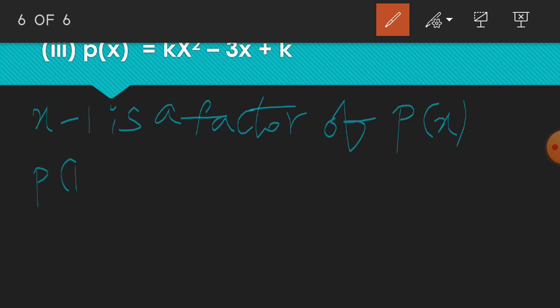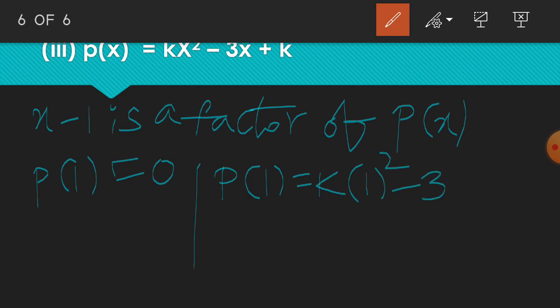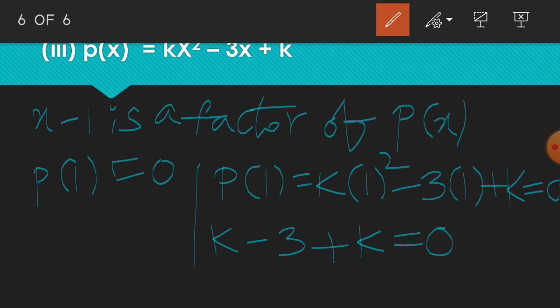P of 1 equal to 0. P of 1 equal to k into 1 square minus 3 into 1 plus k. It should be remembered that it should be equated to 0. Now k into 1 square is k, minus 3 into 1 is 3, plus k equal to 0.